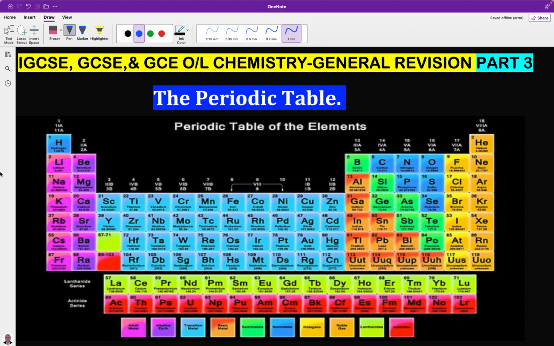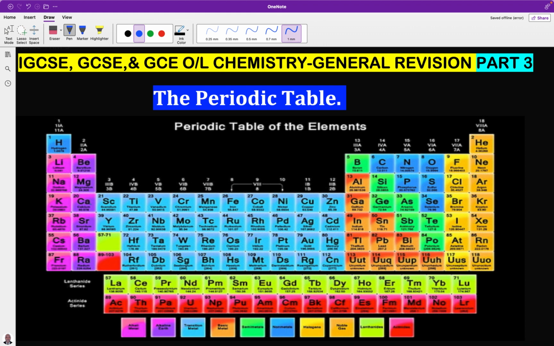They are arranged in terms of what we call the blocks. Here, group 1 and group 2, we call them the S block elements.